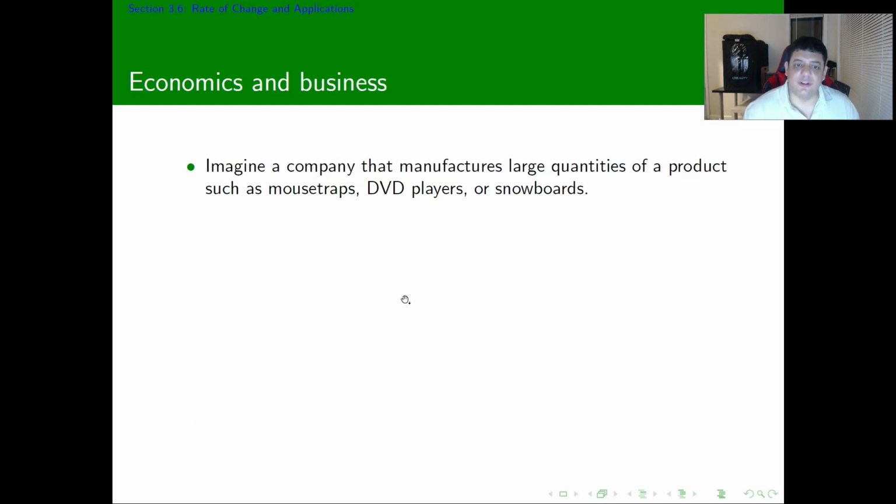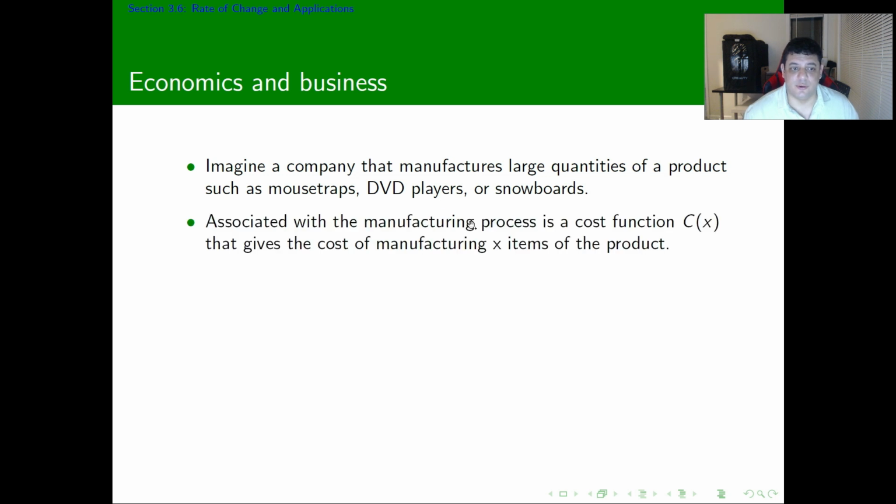Now, let's discuss a couple more possible applications. We have the economics and business applications. So in economics, we can have information about costs, fixed costs and variable costs. So imagine a company that manufactures large quantities of a product, such as mousetraps, DVD players, or snowboards.